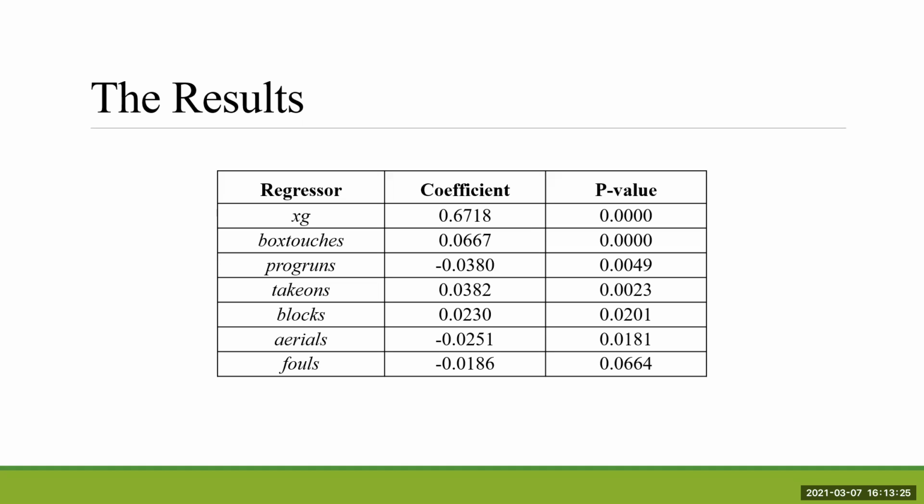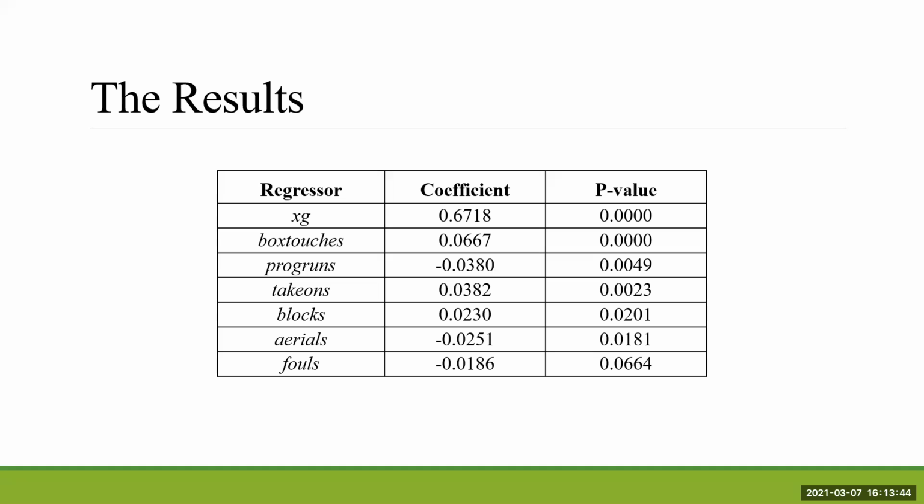Whereas forwards, who tend to score most of the goals, are typically already higher on the pitch, so they don't make as many progressive runs because they're already there. So that could be the storyline there. But everything else matched our expectations.